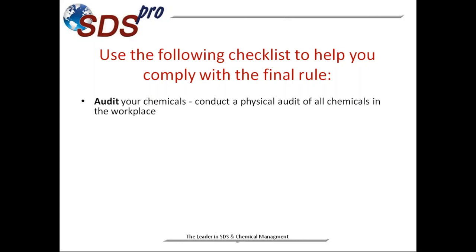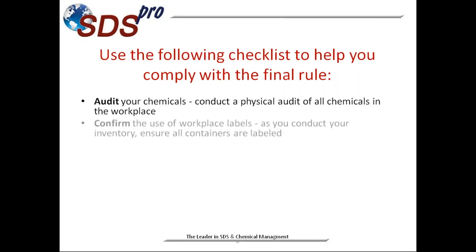But generally, the MSDSs and SDSs that are in the binder do not match the inventory that's out in your workplace. And so you don't want to spend a lot of time updating products that really need to be archived versus you're chasing down the manufacturer for a new SDS or making your book thicker. So audit your chemicals, conduct a physical audit of all your chemicals in the workplace.